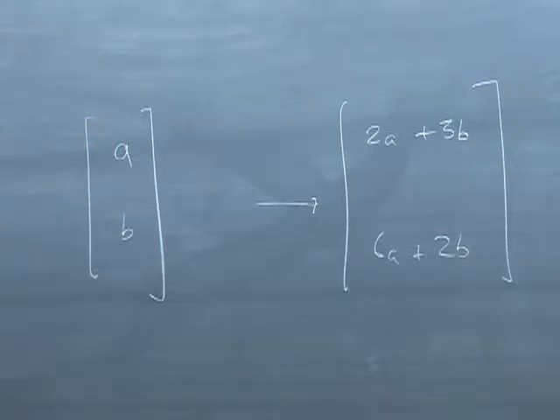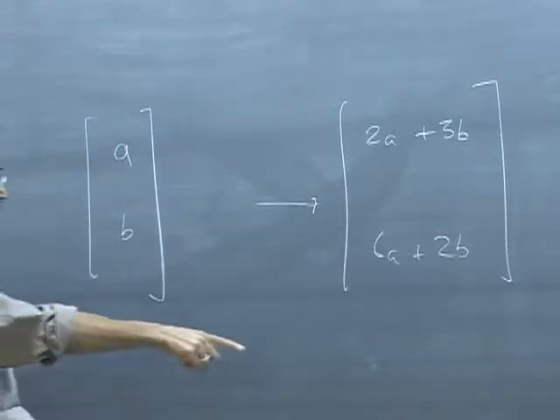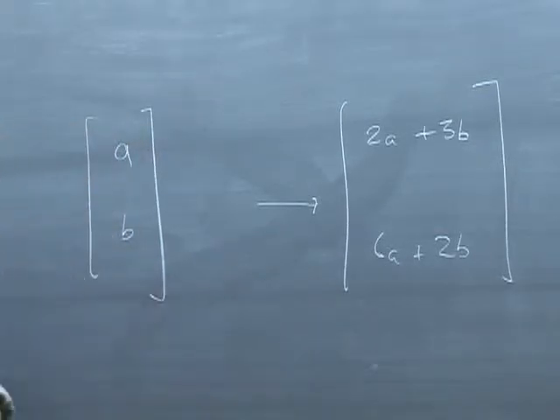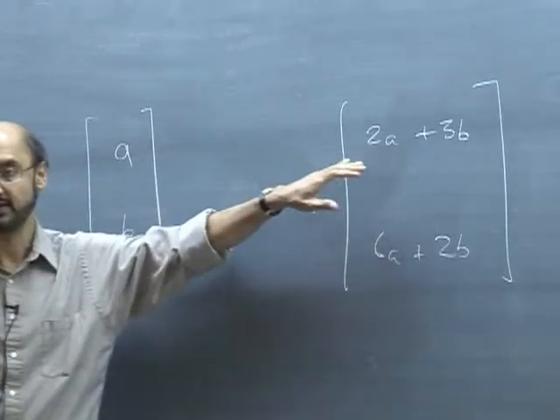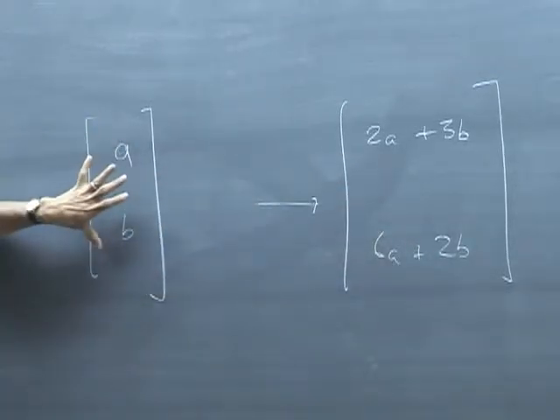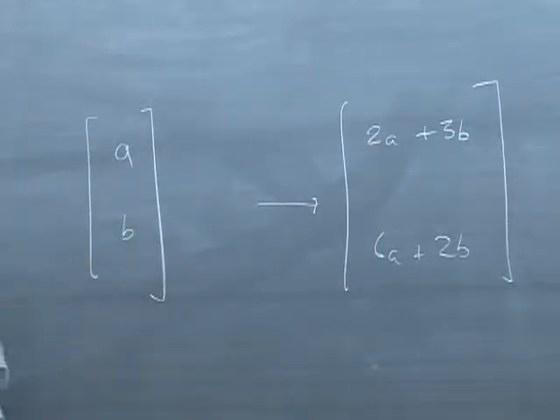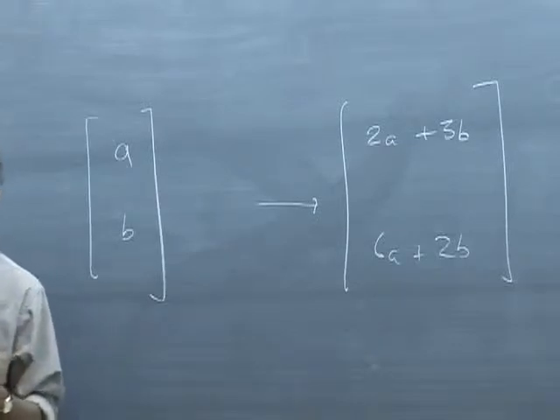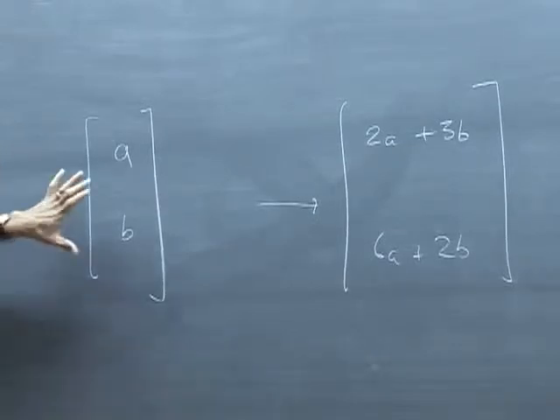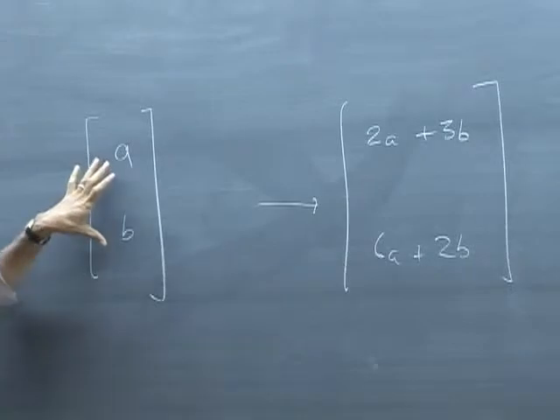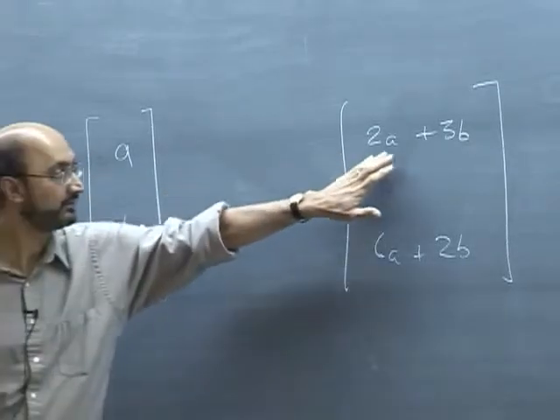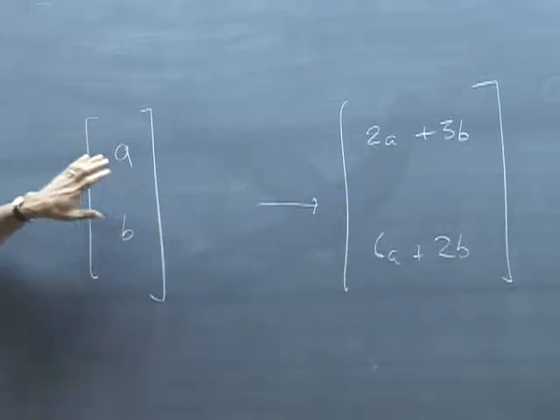So this is a vector, this is another vector, but what's happened is that in this vector the first element has gotten a weighted sum of these two pieces. If you recall when we talked about linear dependency, you see that 2a plus 3b is linearly dependent on a and b.